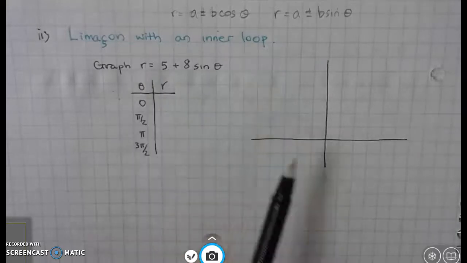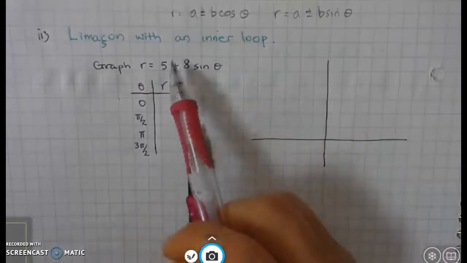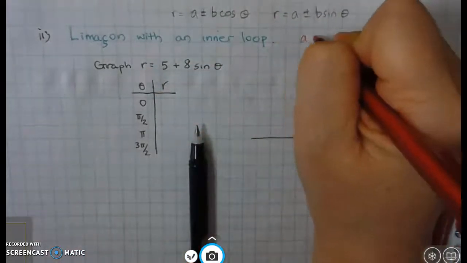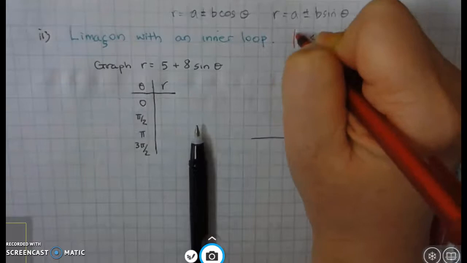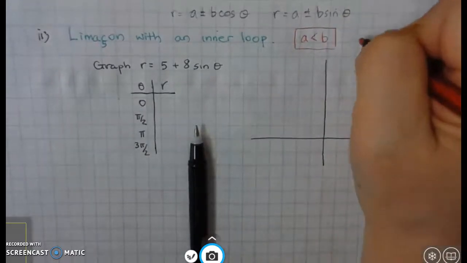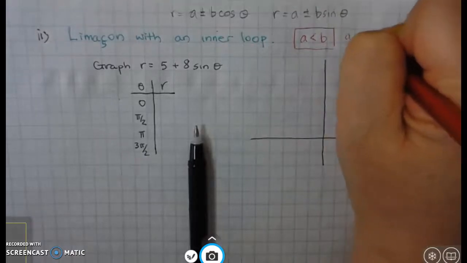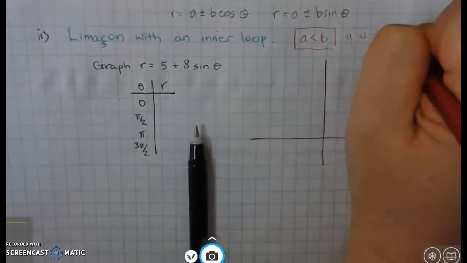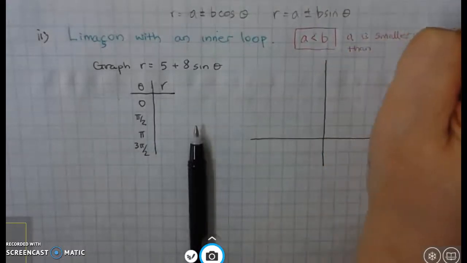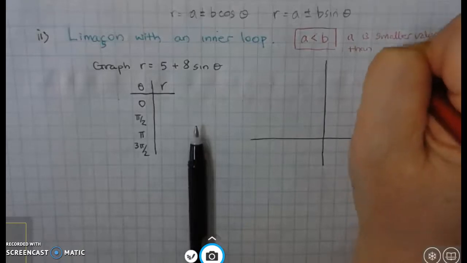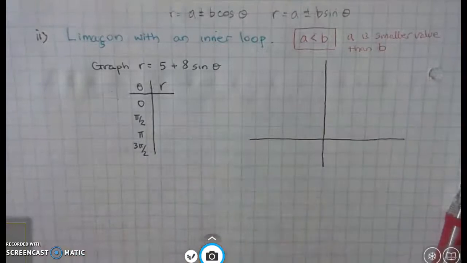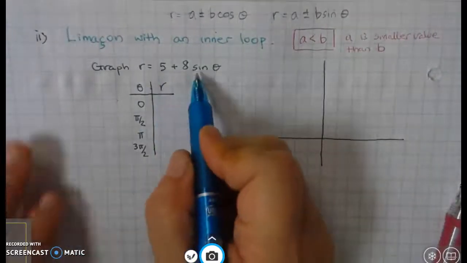More specifically in this case, the a value is smaller than the b value. So when a is smaller than b, this is the type of graph that occurs.